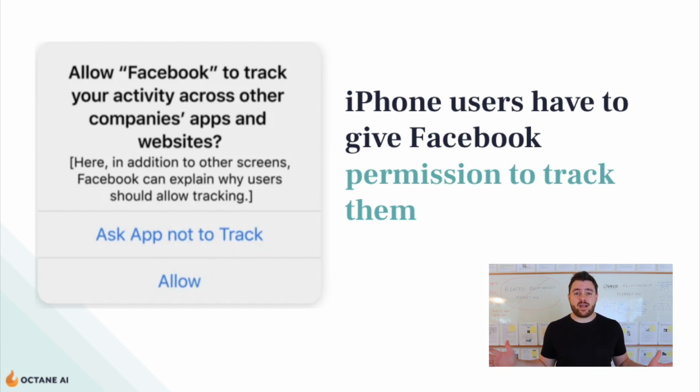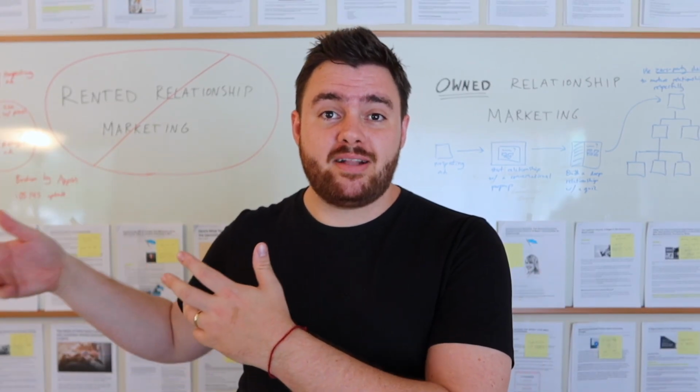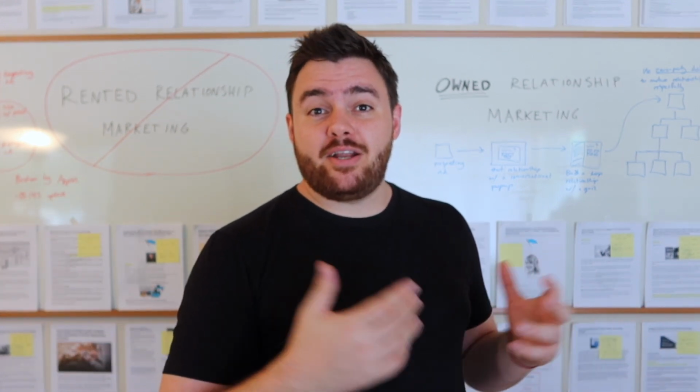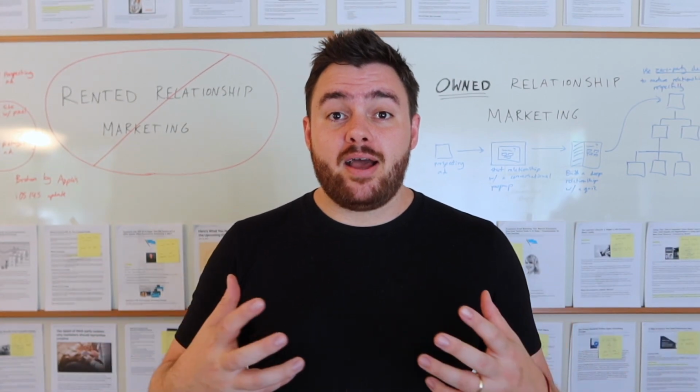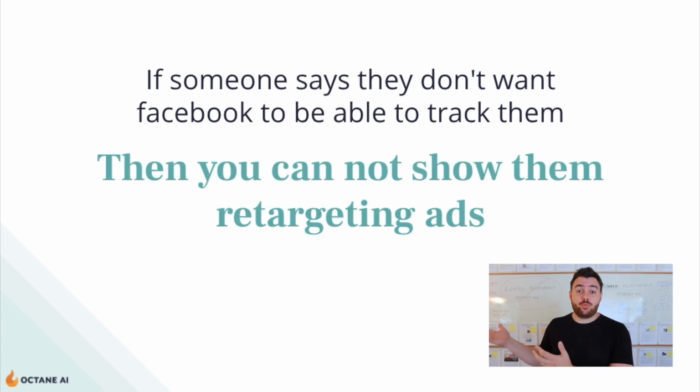They don't want Facebook tracking what they're doing, and they don't want this stuff happening in the background. And so what this means is that now, when you run your prospecting ads to people you've never met before, they click the ad, they come to your website, and they don't give you their contact information. And if this person has said they don't want Facebook to be able to track what they're doing when they go to your website, you're actually not able to show them retargeting ads anymore.